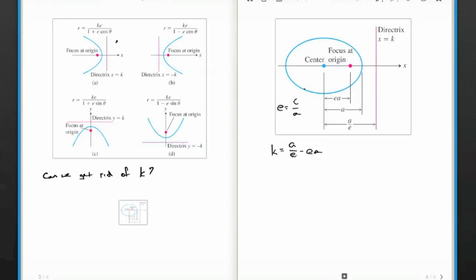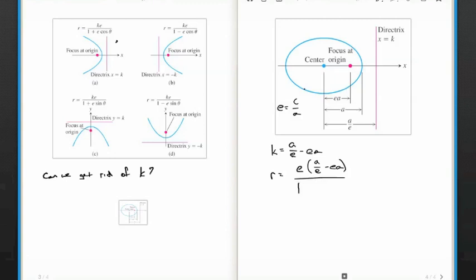And if I stick that in the equation I just figured out before, I could say r equals e times k, but I now know that's a over e minus ea, over 1 plus e cos theta. This looks like a mess, but trust me, it'll clean up.